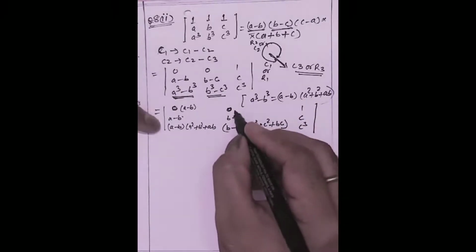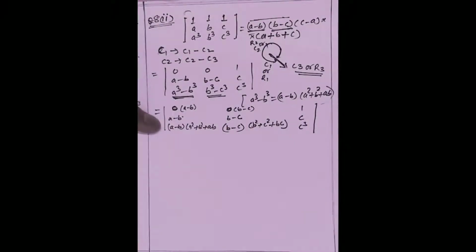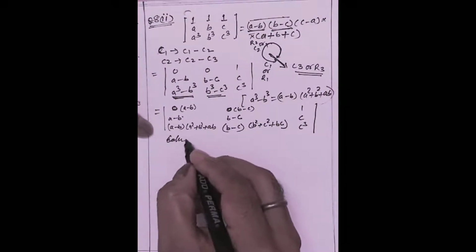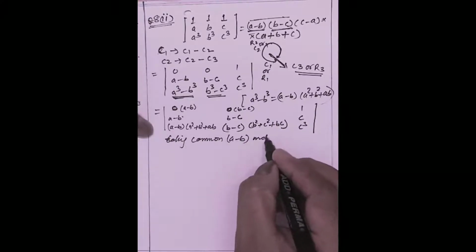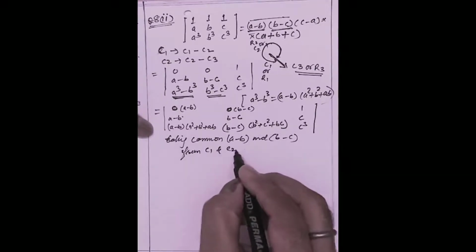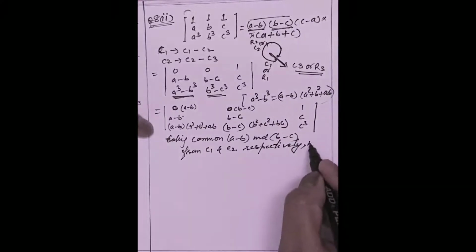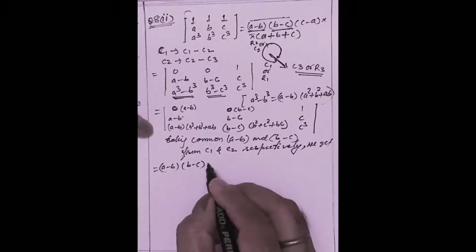Similarly here also from C2 you can write 0 into B minus C. So you can take B minus C from this C2, and that is also our target, A minus B into B minus C in the right hand side. So taking common A minus B and B minus C from C1 and C2 respectively, we get A minus B into B minus C outside.